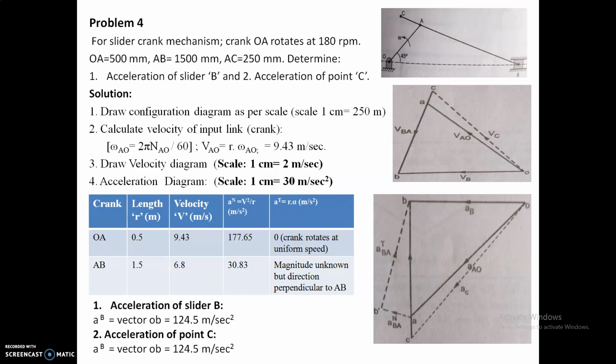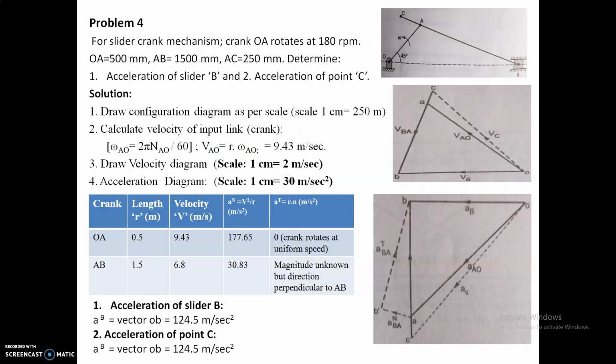Accordingly, by the same proportionate method, you locate the C point. Then from the C point you join to the fixed point, and that is the acceleration of the C point. You write down all the magnitudes as well as the directions as we have discussed, and this is the complete acceleration polygon.